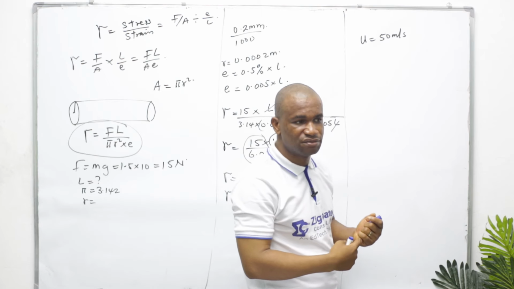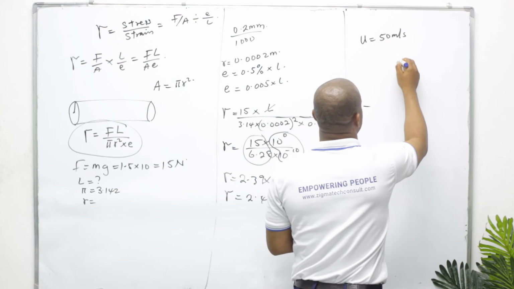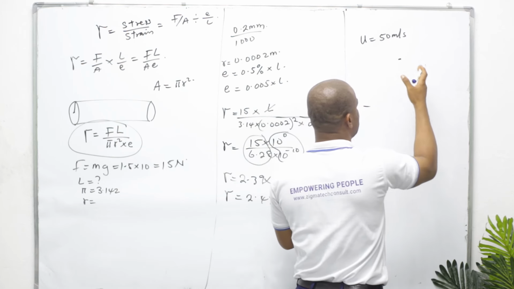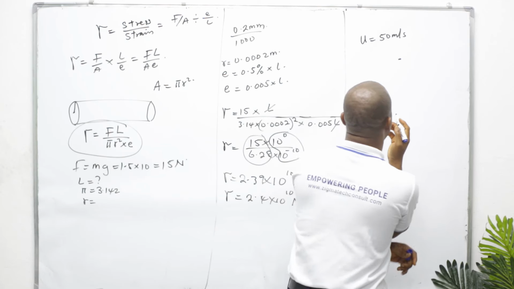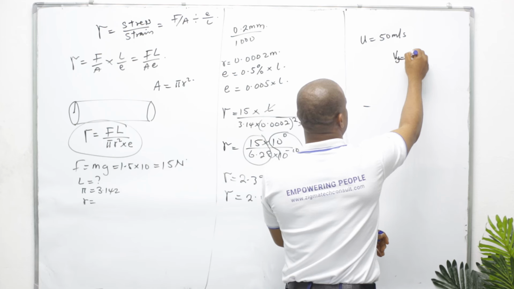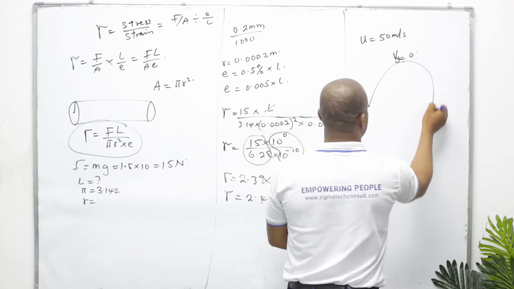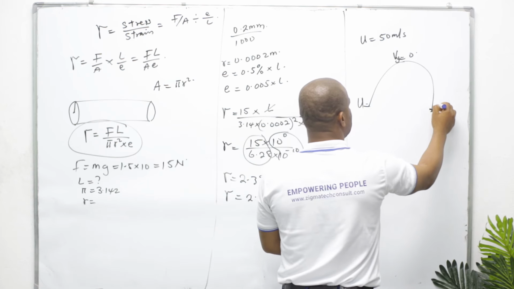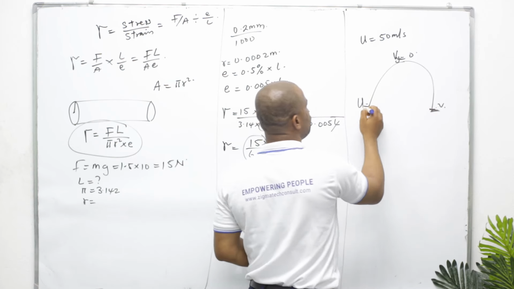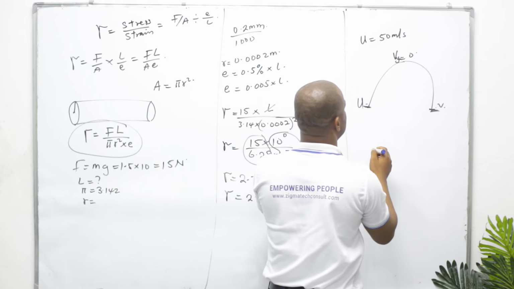Then we are going to have a final velocity with which the body is going to be 0. Vy at this point is going to be 0. So the body is moving this way and it falls down. So we are looking for the v at this point. From here to this place, this one is 0 and g is 10.